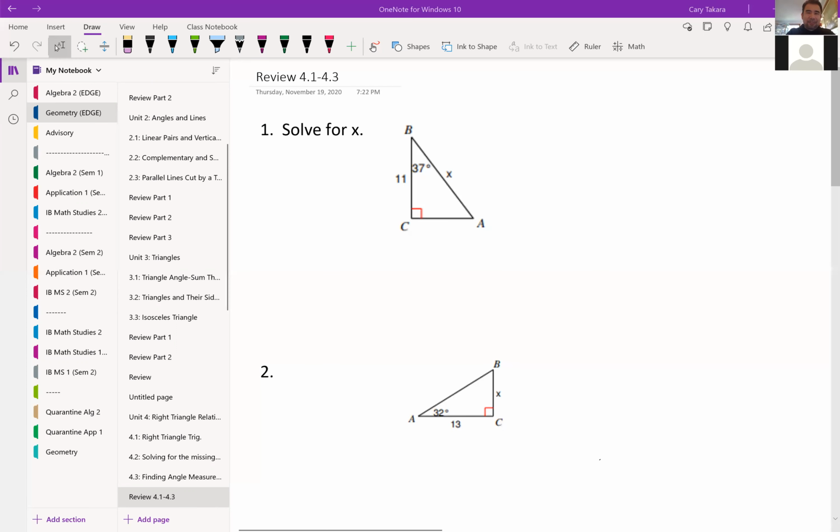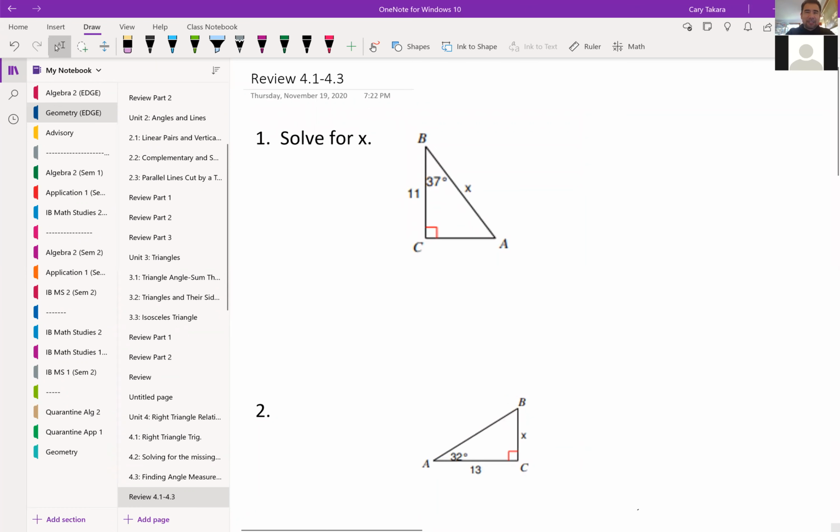First step. Okay, I want everybody to spell SOHCAHTOA. Can you do that in your notes? So this is a review. How do you spell SOHCAHTOA? Very good.